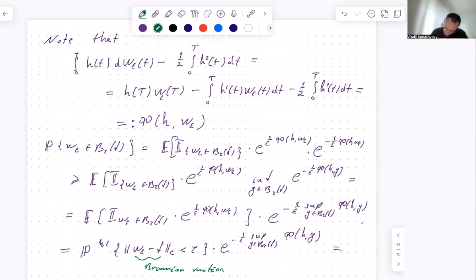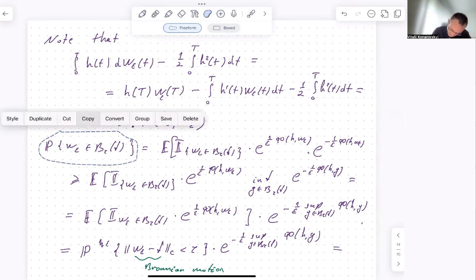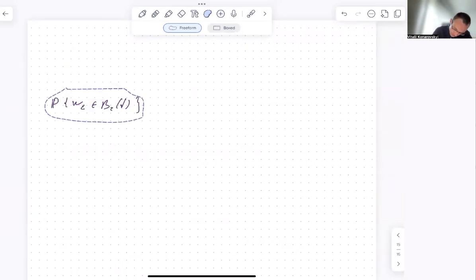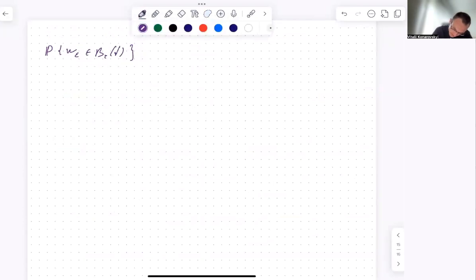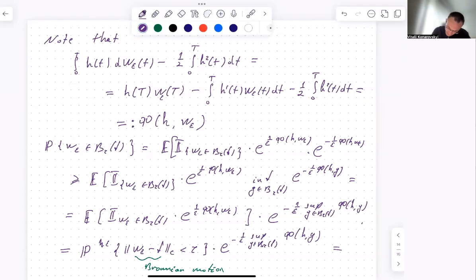So therefore, you can write, I will just copy that part. We'll go to a new page, and we'll say that we estimated that by the probability that the usual Brownian motion with diffusion rate epsilon has supremum norm less than r.